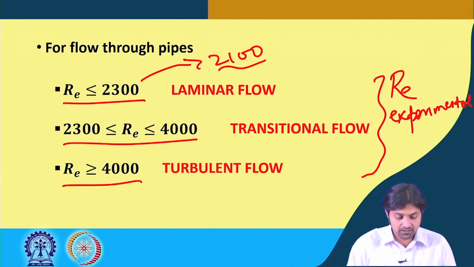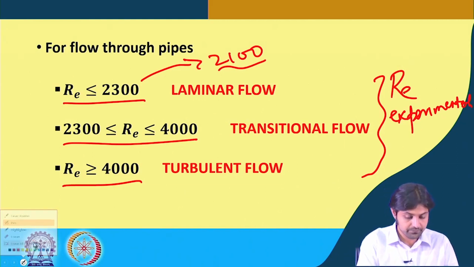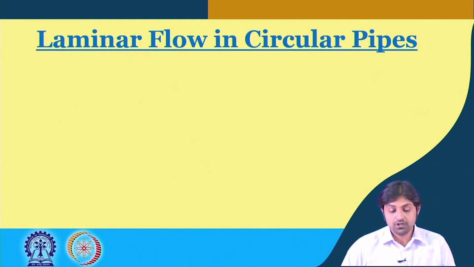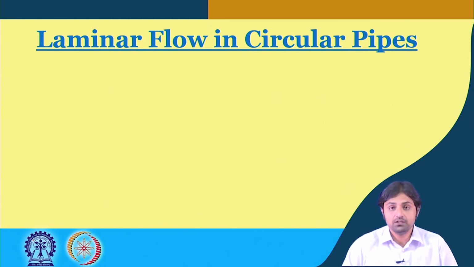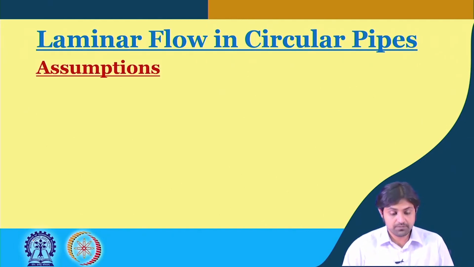Okay. So now laminar flow in circular pipes. After telling you the basics of how to define and find what laminar and turbulent flow is, we are going to see some of the properties of laminar flow in circular pipes.